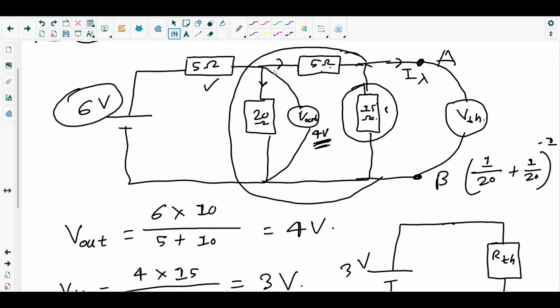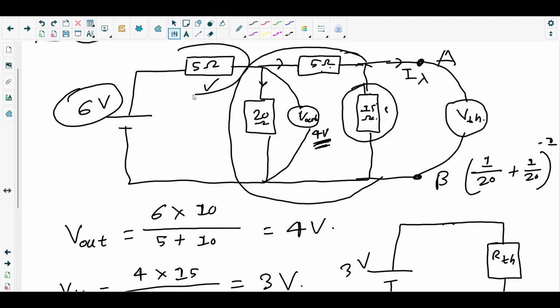So how much would be the Thevenin's resistance? Okay, start from the left end. We have a 5 ohm resistor there, right? So this 5 ohm resistor is in parallel with the 20 ohm resistor.